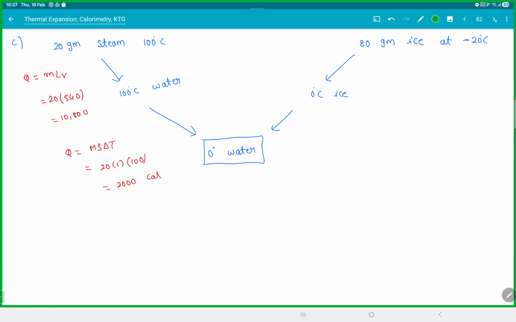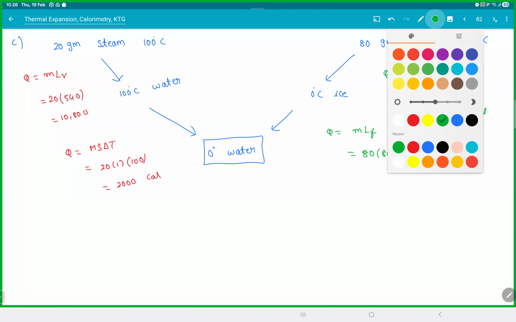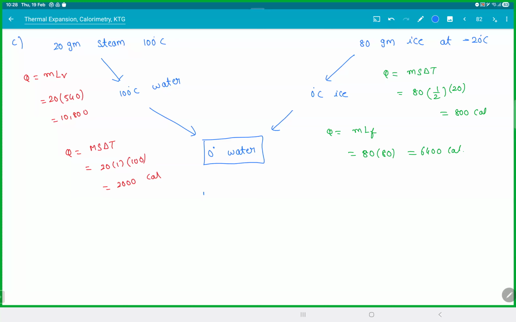For the ice, Q is equal to ms delta T. 80, specific heat of ice is half, and this is 20. So this is 800 calories. Then 6,400 calories. Perfect. 80 plus 20, 100 grams.